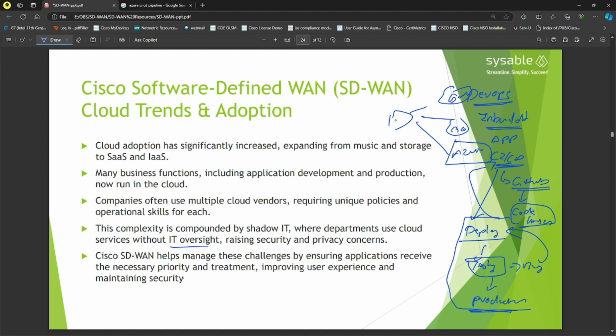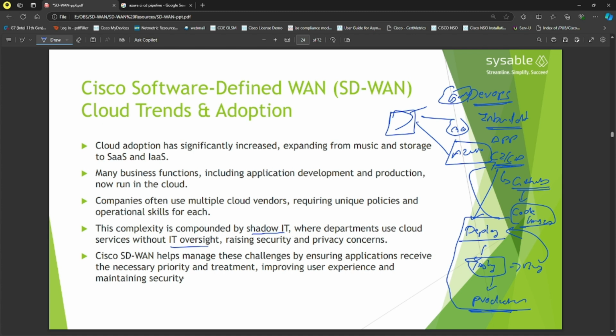So you have to be careful when connecting to the multi-cloud, because each individual cloud provider has security in place, and accordingly you have to make sure that you meet those requirements in order to save your data. Now, when the complexity increases, it is compounded by shadow IT.